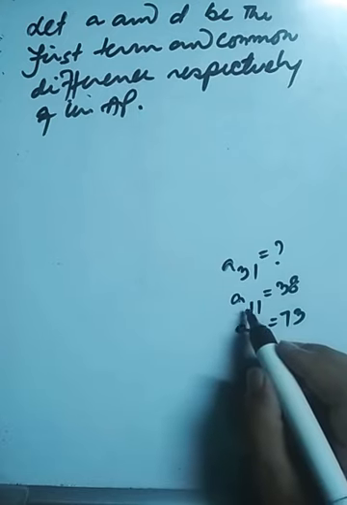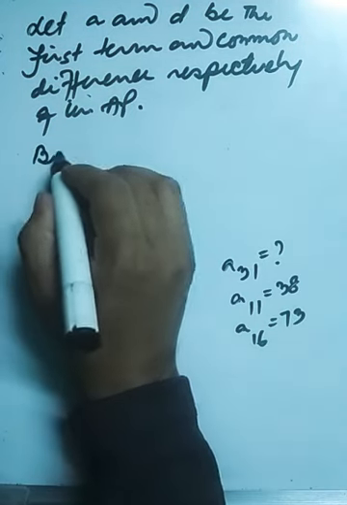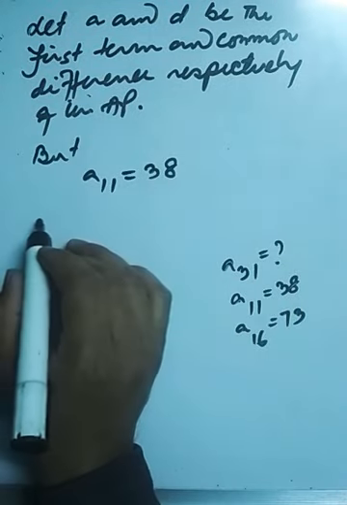So by question, the 11th term is 38. So a11 is 38. So let us apply the formula.